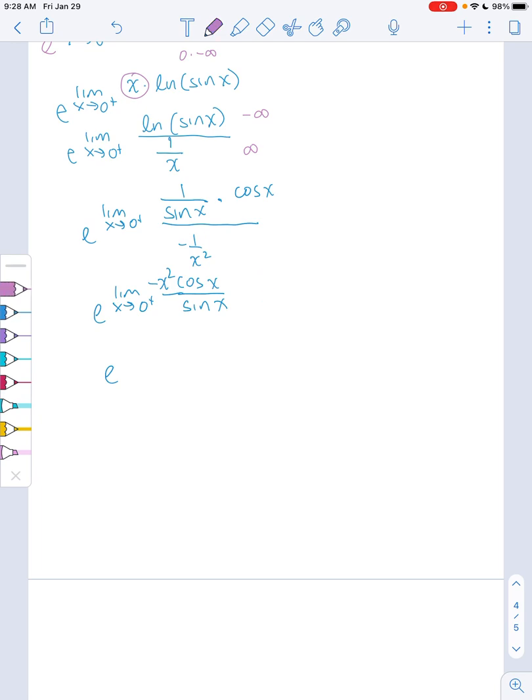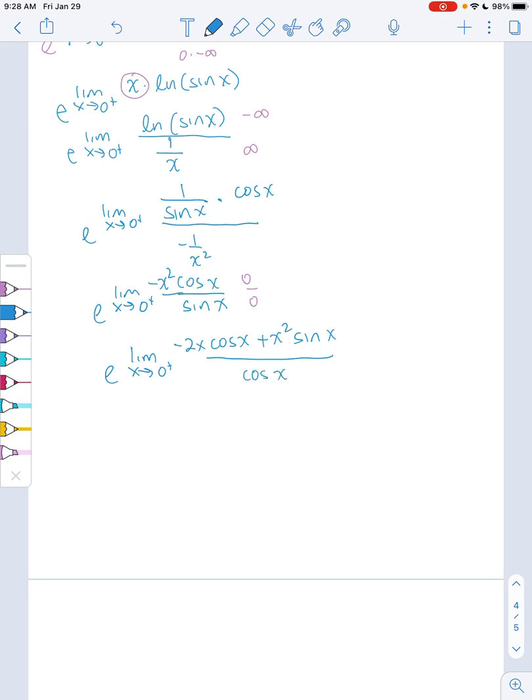At that point, I can apply L'Hopital's rule, with the product rule at the top. The limit as x approaches 0 from the right is negative 2x, keep cosine the same, and then minus x squared times the derivative of cosine of x, which is negative sine of x, so plus x squared sine of x, all over the derivative of sine of x, which is cosine of x.